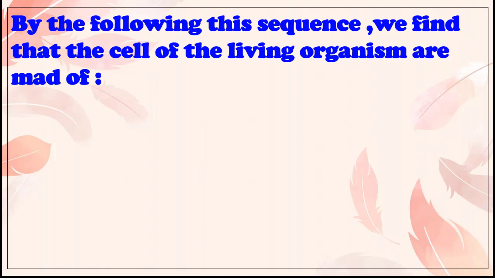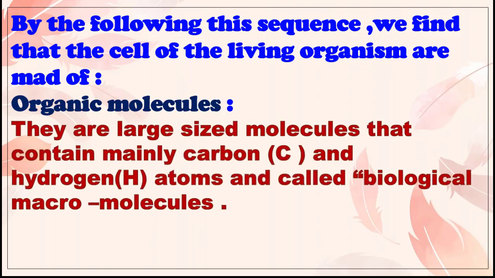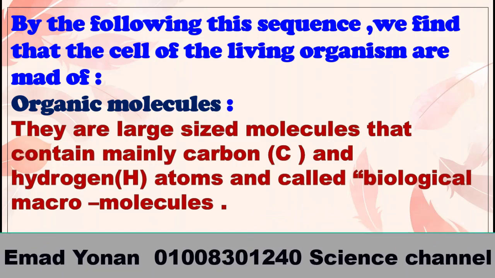Firstly, we will study the chemical structure of living organisms. By following this sequence, we find that the cells of living organisms are made of organic molecules. And what is meant by organic molecules? Organic molecules are large molecules that contain mainly carbon atoms and hydrogen atoms, and are called biological macromolecules.